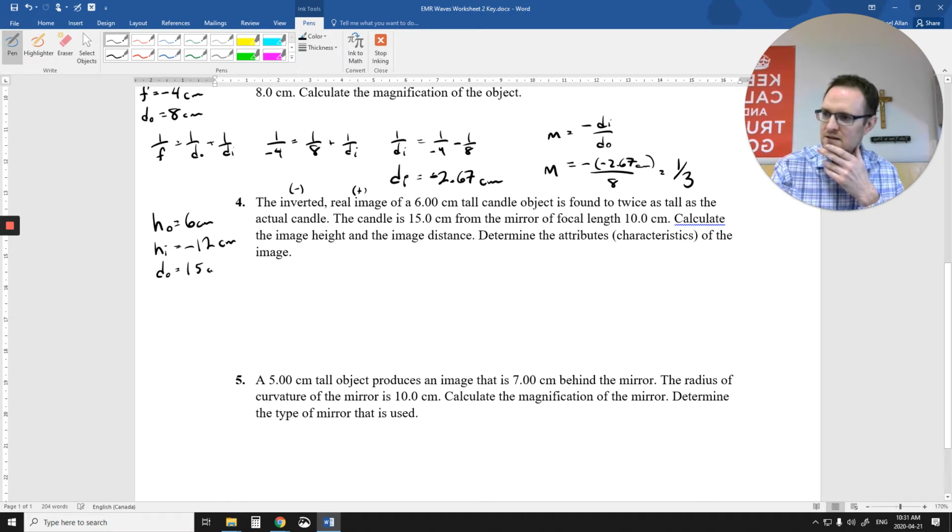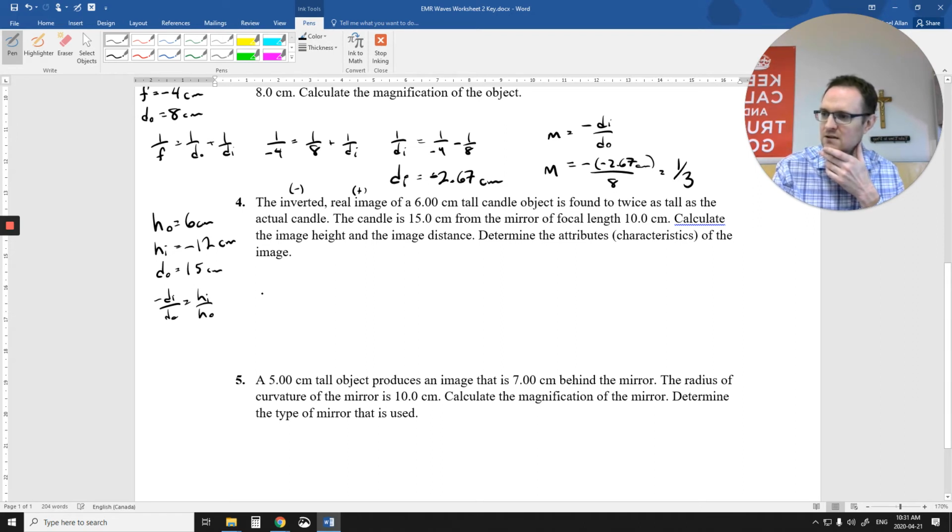is 15 centimeters. So I can use the magnification formula to find my DI here. Now, I probably didn't need this focal length of 10 centimeters to help me figure this question out. I don't know why that's even there, because I can find my DI otherwise. So let's do that. Negative DI over DO is equal to HI over HO.